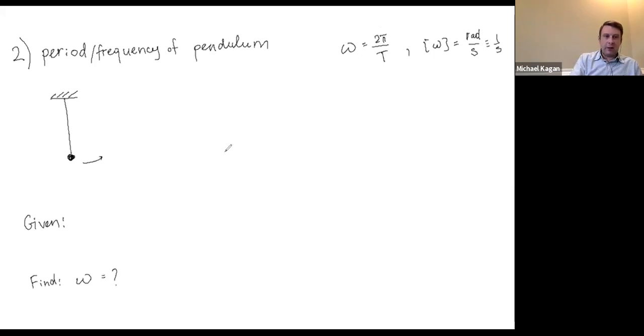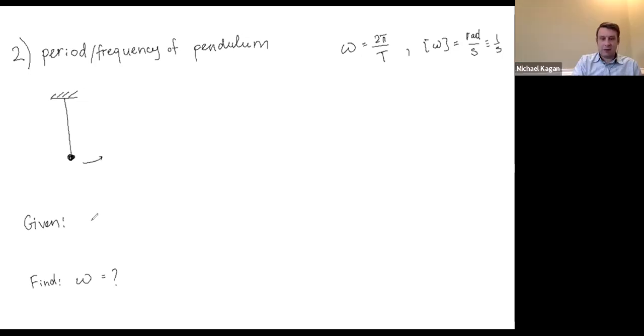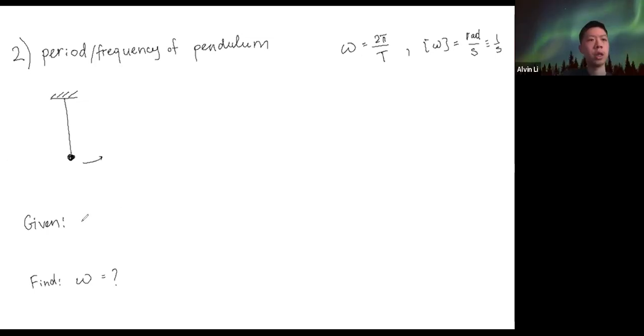Now I made it open-ended, so you folks tell me what you think may be relevant, what quantities may affect the frequency or the period, and I'll put them down here. G, L, and M, where L is the length of the string and M is the mass of the bob.